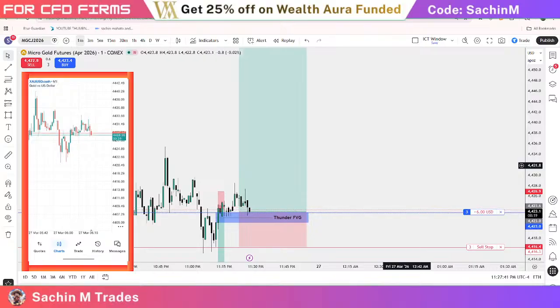Market is under consolidation for quite a long time right now. Market should have gone up by now, and I'm very glad that I did not jump into the trade. Let's get into this trade on CFD as well.